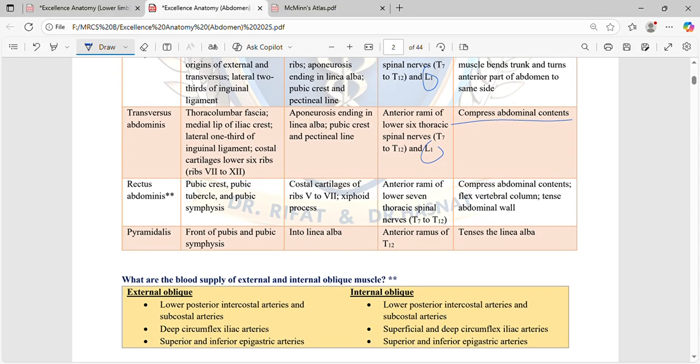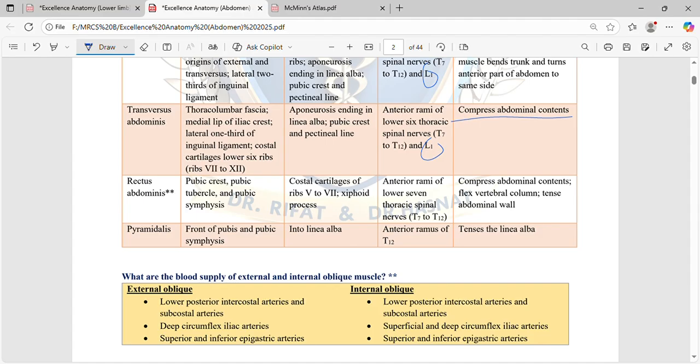So we have the rectus abdominis. It arises from the pubic crest, pubic tubercle and the pubic symphysis, and inserts on the costal cartilages of ribs 5 to 7 and the xiphoid process. These are the costal cartilages of the ribs which form the costal margin, for example 5, 6, 7, and the xiphoid process.